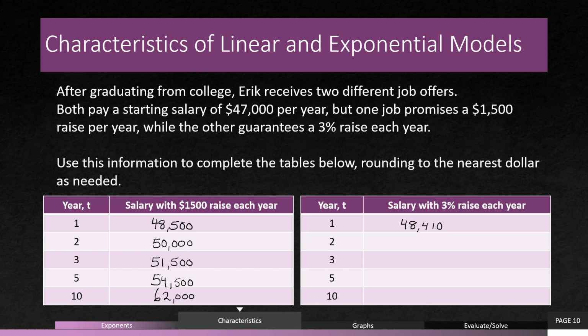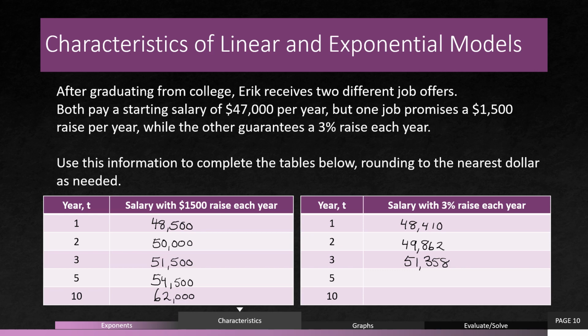Now for the exponential, we're starting lower. We started at the same time, but after the first one, 3% wasn't quite as much. The next raise goes to 49,862. This is getting better. It's close, but still a little short. On year 3, we're at 51,358, which doesn't look like he's caught up.